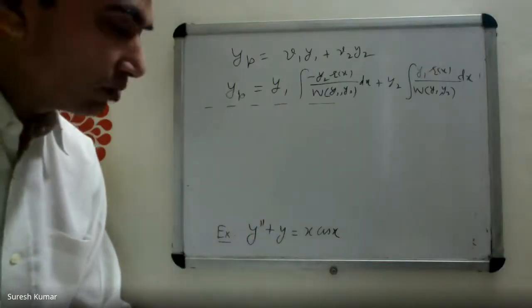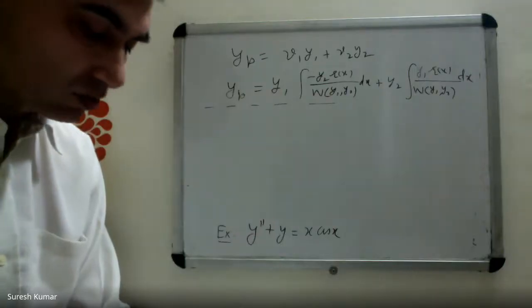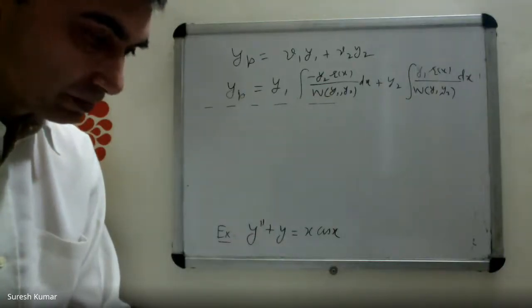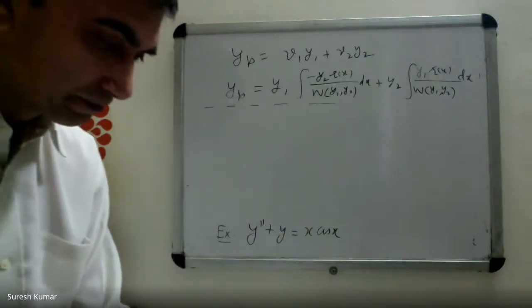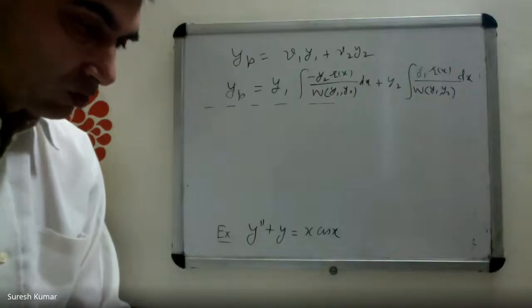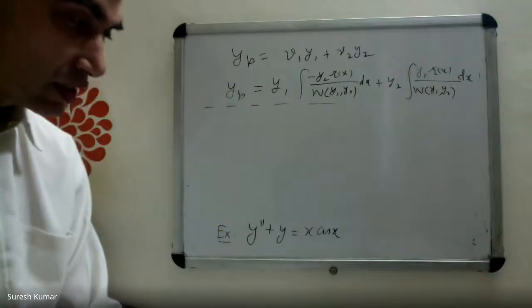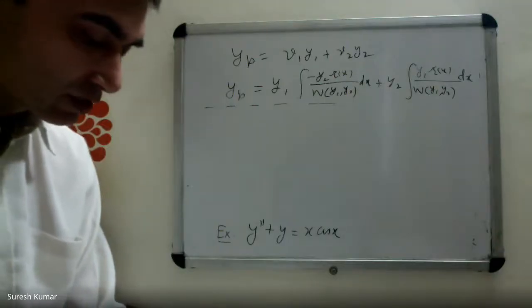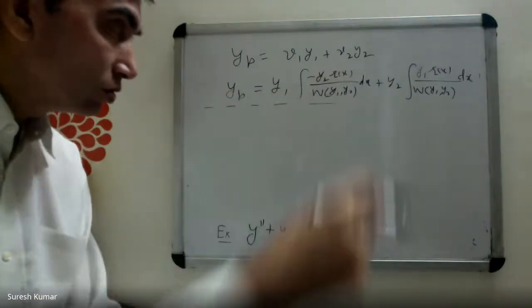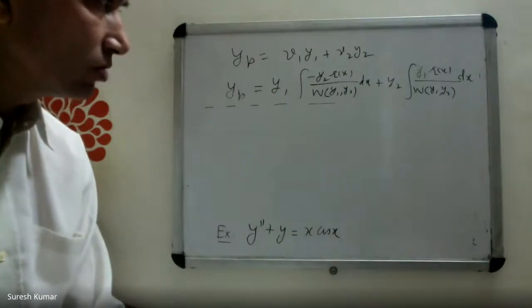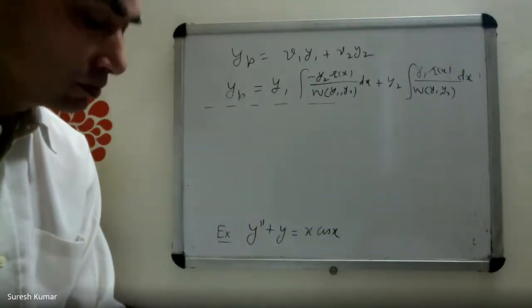Just now we have done a problem, left hand side is same, right hand side is different, Rx is different, so it's a matter of integration only. y1 is cos x, y2 is sin x, Wronskian is 1, Rx is different, it's x cos x. So in this formula, use Rx equal to x cos x, y1 cos x, y2 sin x, Wronskian 1, and simplify.